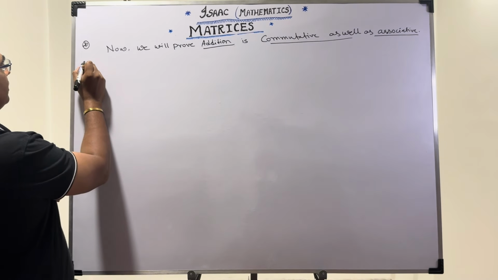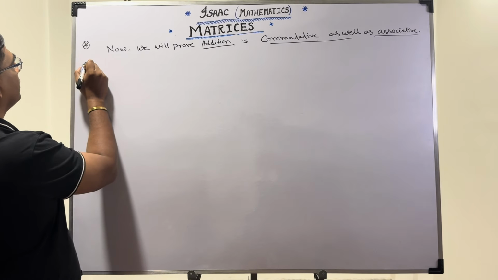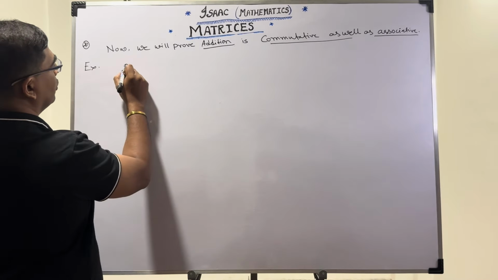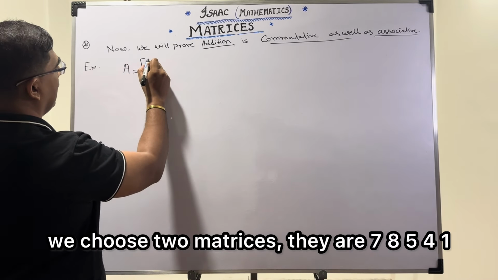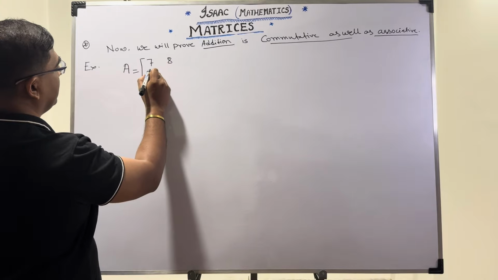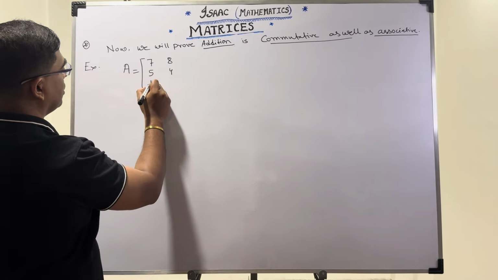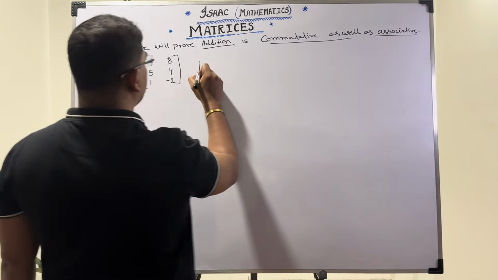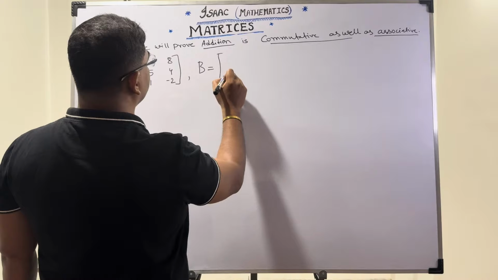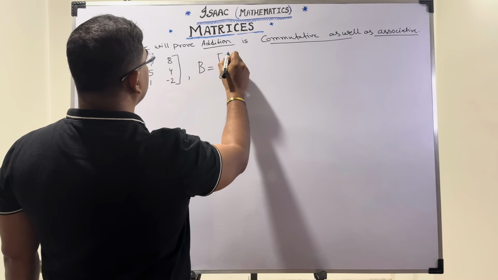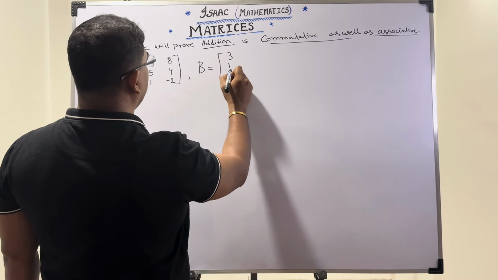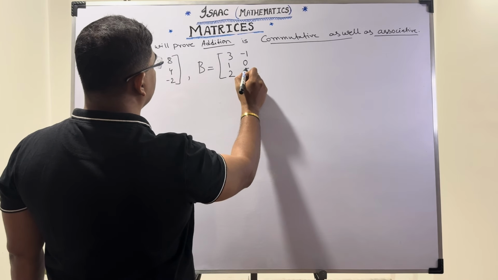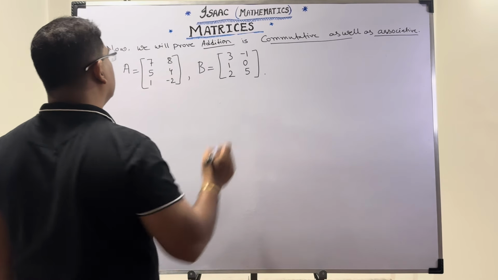To check this, we choose two matrices. They are A equals 7, 8, 5, 4, 1, -2, and B equals 3, 1, 2, -1, 0, 5. Okay.